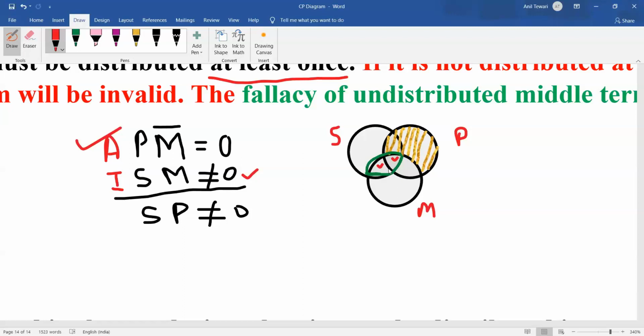And this is the whole area which is subject and middle. But in this area, there are two kinds of regions. This region is only subject and middle, but this region is all three: subject, middle, and predicate. When we have this kind of situation, we have to decide whether the cross should be put here or somewhere in between.